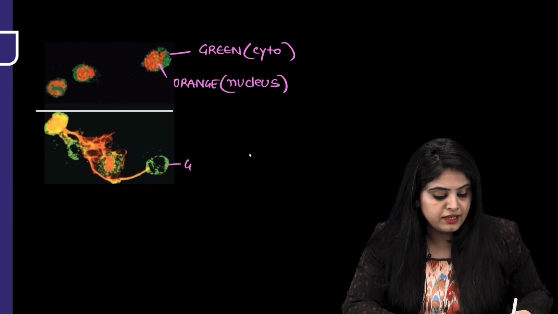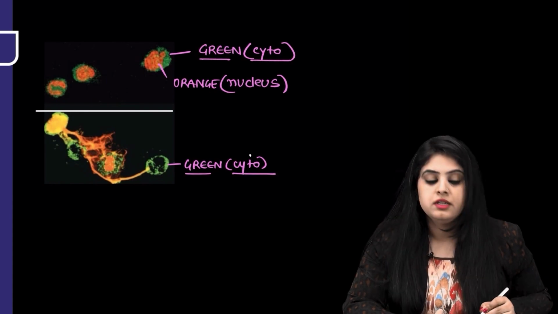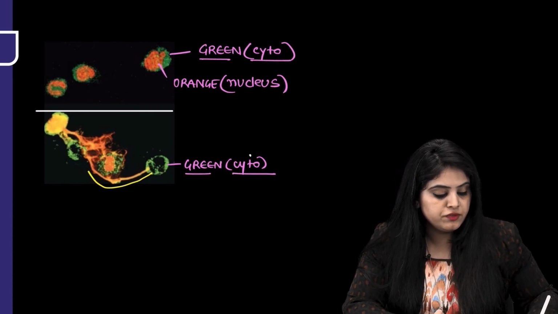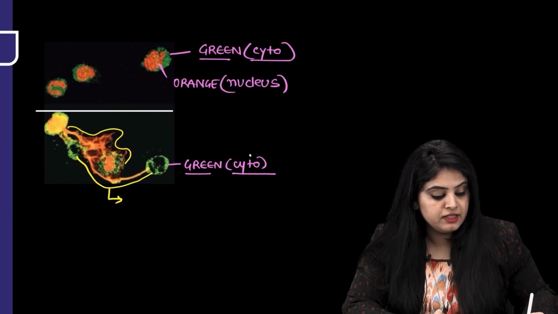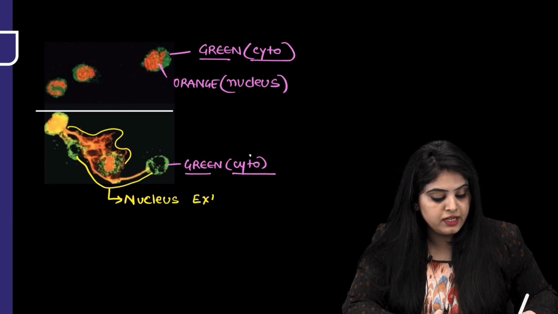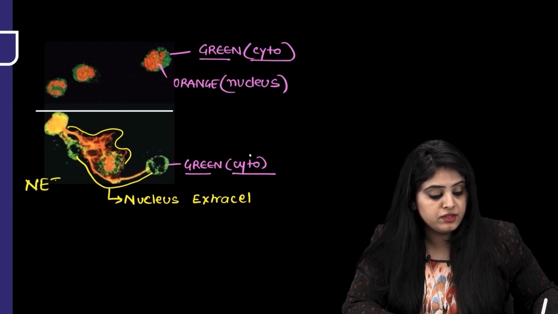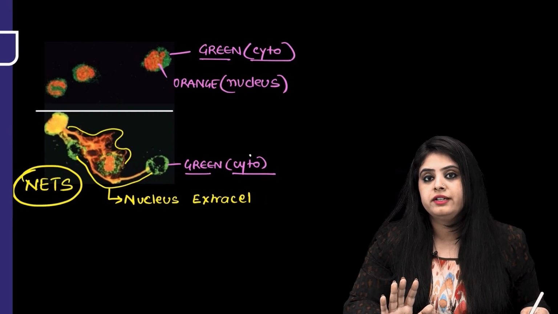When I go here, I see the same green color, the cytoplasm, but that orange color is missing. Where is that orange color? All of the orange color is outside. Can I say the nucleus has gone outside extracellularly? That is why we say there are neutrophil extracellular traps. Whenever you see the nucleus roaming around outside, there is a neutrophil extracellular trap.